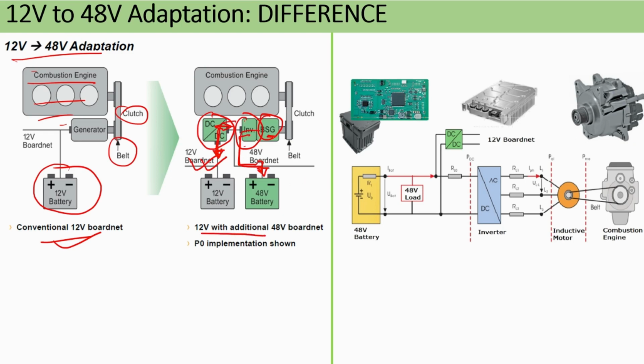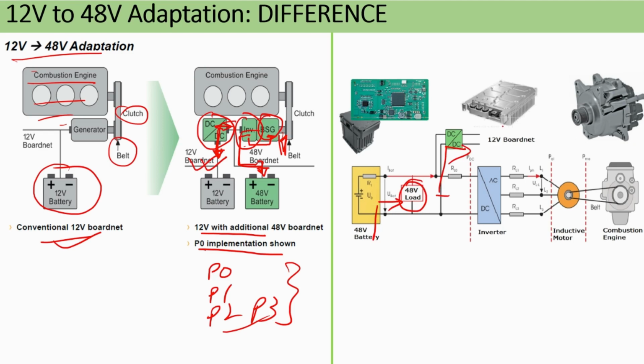When you are putting all this BSG here, this is called P0 implementation. There are different architectures which we will discuss: P0, P1, P2, P3. These architectures are defined based on the location of the BSG. This is your 48 volt battery. Then this is your 48 volt load.